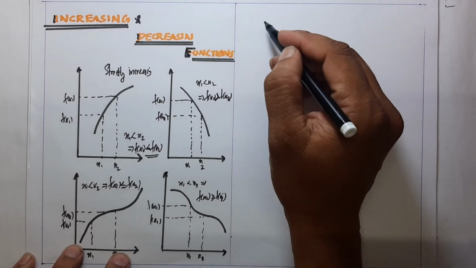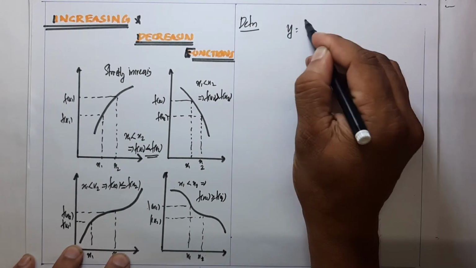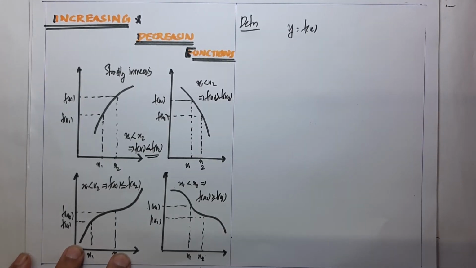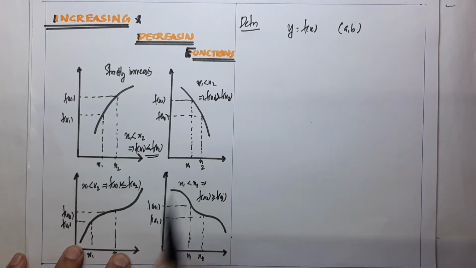Here y is equal to f of x, a continuous and differentiable function defined on an interval ab.